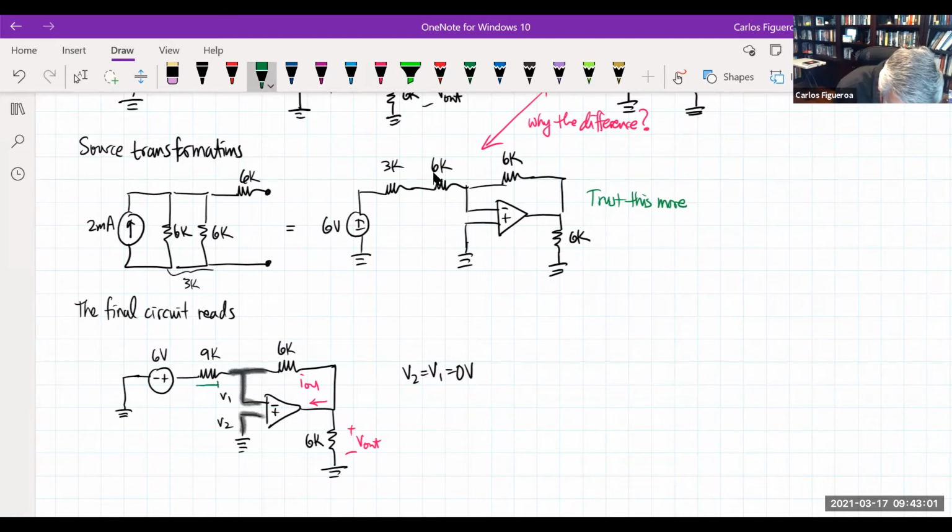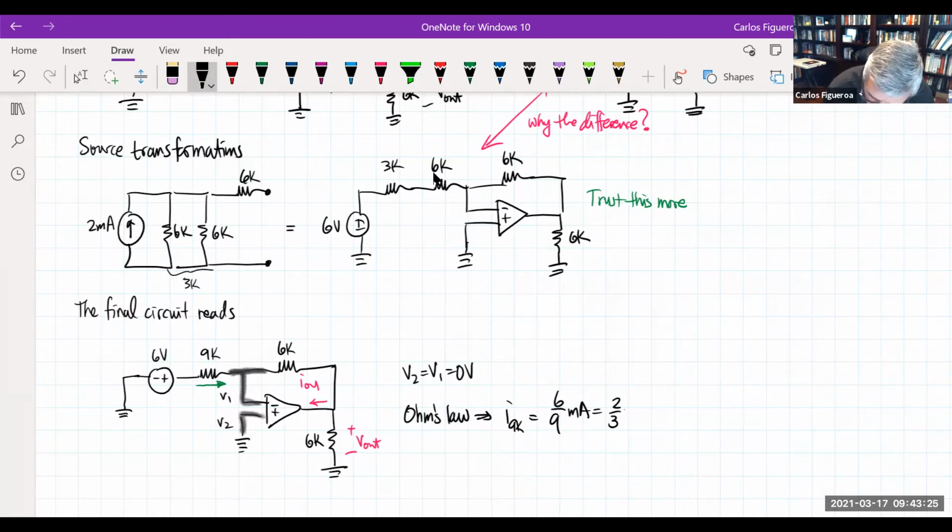It must be flowing in that direction right there. So what I'm going to do then is get that current through that 9K resistor. So from Ohm's law, I know that the current through that 9K resistor has to be 6 divided by 9. So I should get 2/3 milliamps.